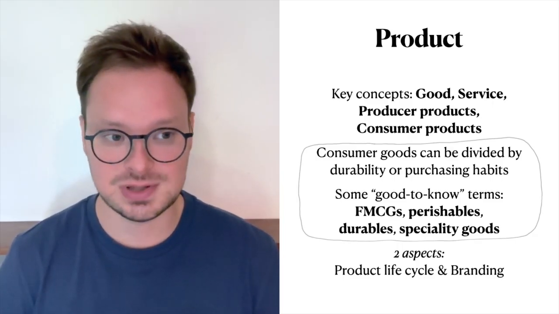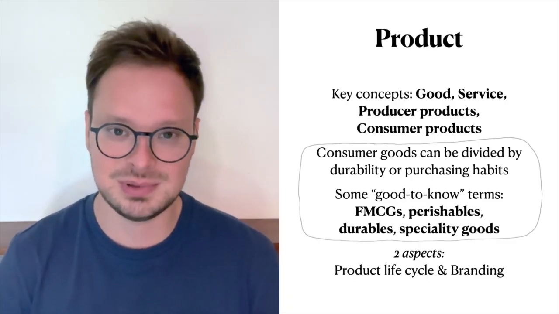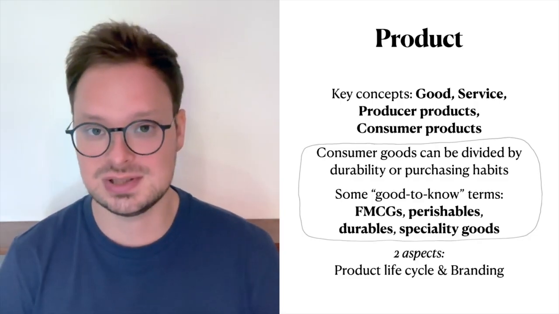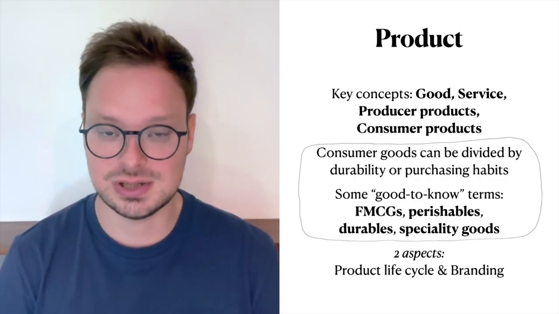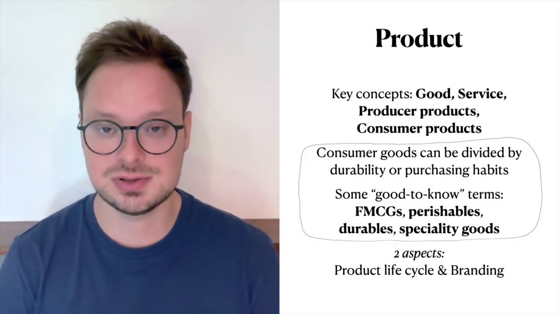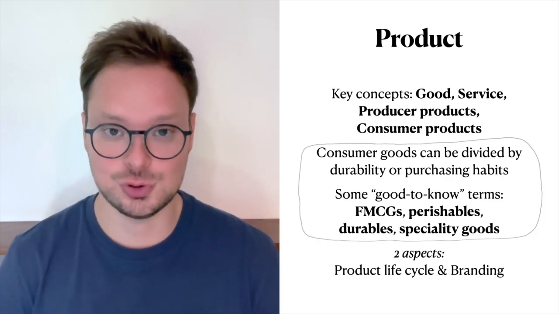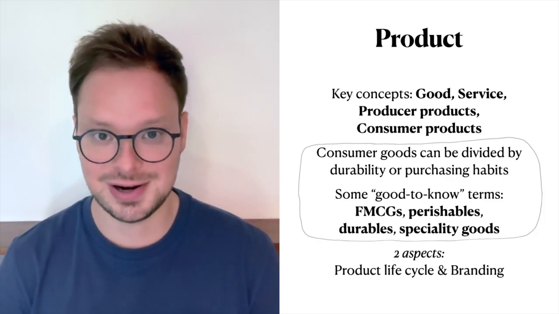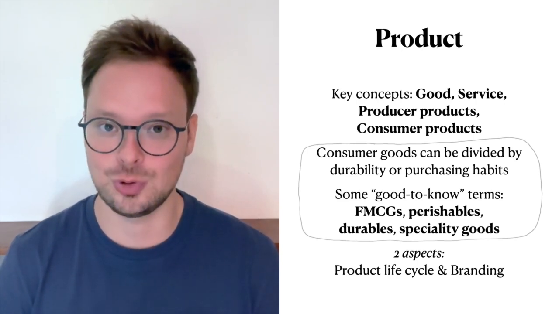These are goods that have unique characteristics and that are usually distributed through limited distribution channels. For example, designer clothes. So once again, these 4 categories, FMCGs, perishables, durables, and specialty goods, refer to consumer goods, which are tangible products that are for common, normal people.